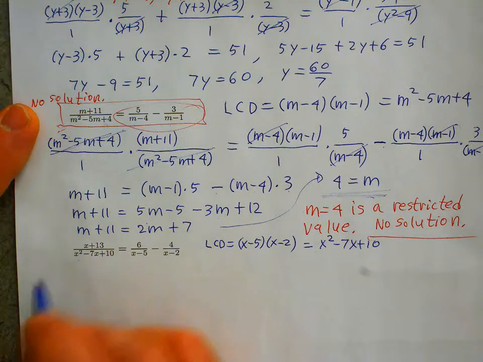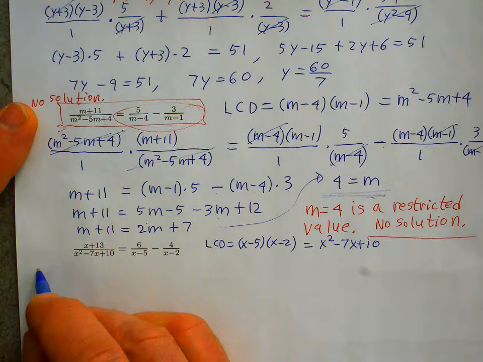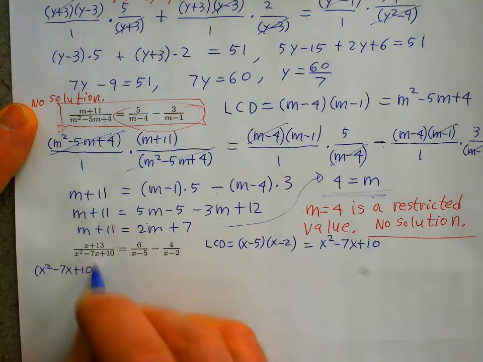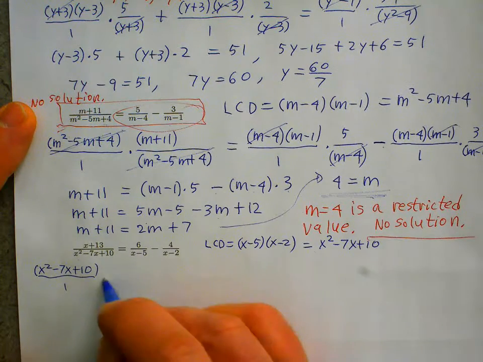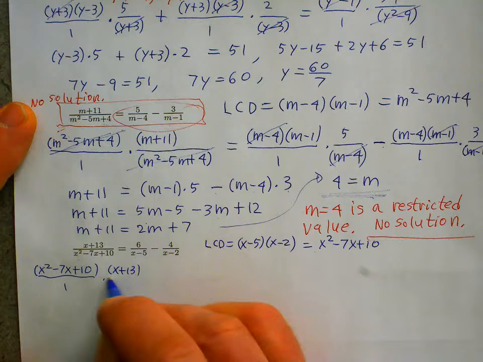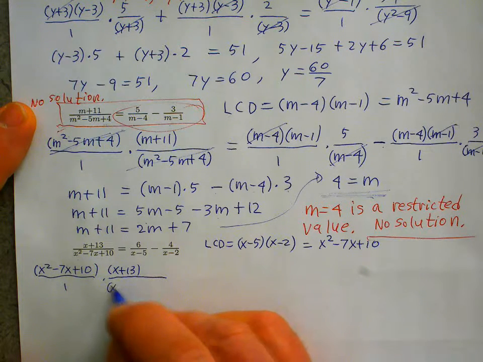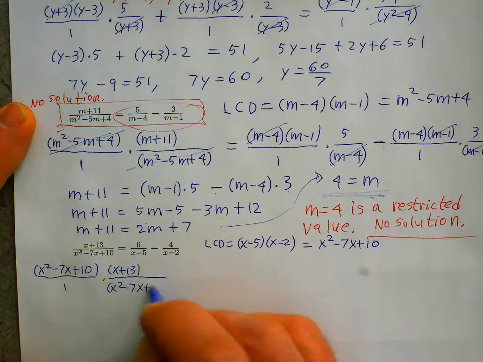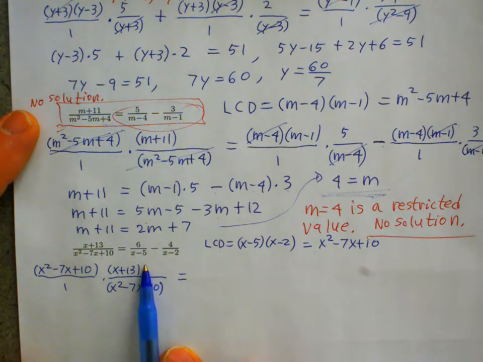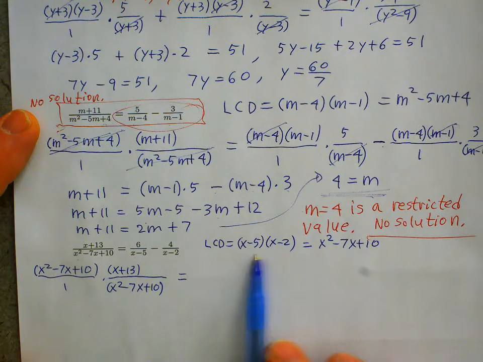On the left-hand side, x squared minus 7x plus 10 over 1, times x plus 13 over x squared minus 7x plus 10. On the right-hand side, we'll write the least common denominator in factored form.